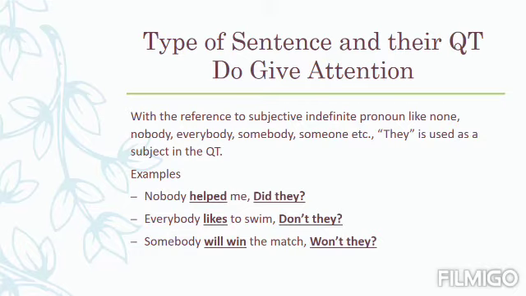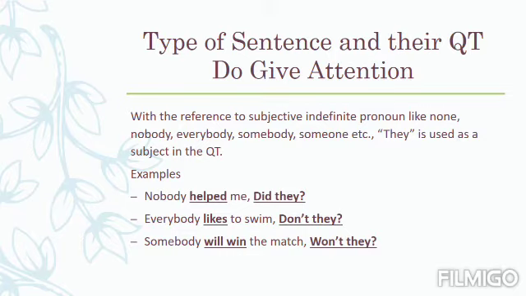For example, if the subject is nobody, none, or everybody, then how can you make the question tags of this type of statements? Then you can use they as a subject in the question tags. This rule will become clear when you look at the examples given here.